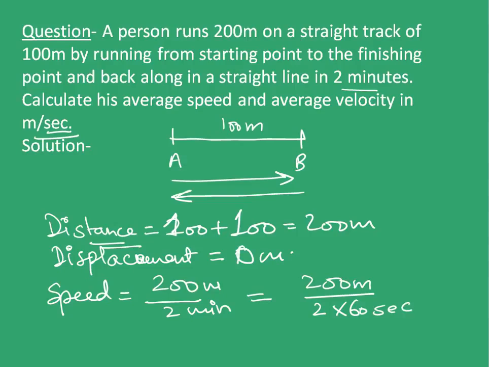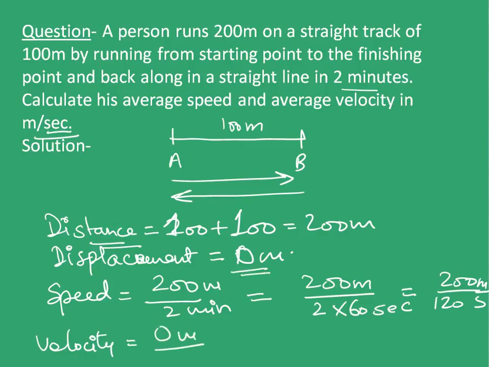So our answer will be 200 upon 120 meters per second. Similarly, velocity is equal to total displacement, that is 0 meters upon 2 minutes, which is equal to 0 meters per minute, or the same as 0 meters per second. It doesn't matter because it is 0.